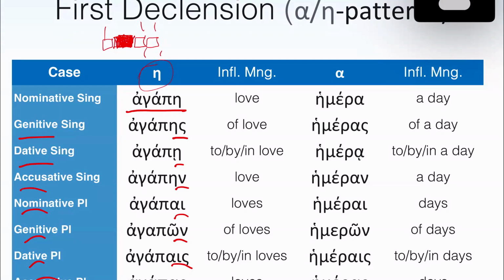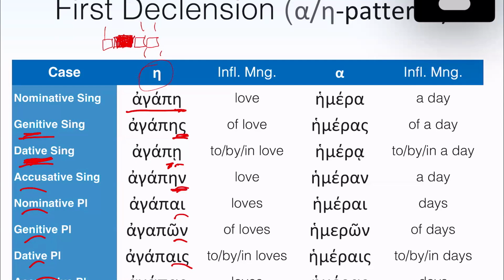So love, when we've got agape, it is love. Agapes, of love, it's the genitive. Agape with an iota subscript, don't forget that little iota subscript, it becomes dative. It's an indirect object. To love, by love, in love, for love.